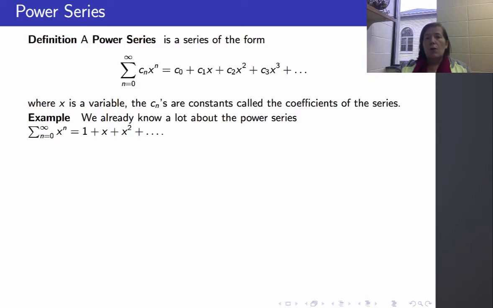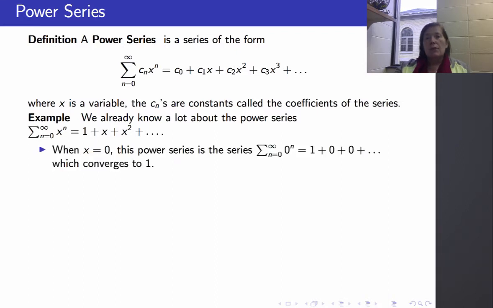So we already know a lot about the power series, the sum from 0 to infinity of x to the n. When you expand that, it becomes 1 plus x plus x squared plus x cubed, etc. It's an infinite polynomial which goes on forever, and each term is just 1 times x to the n.